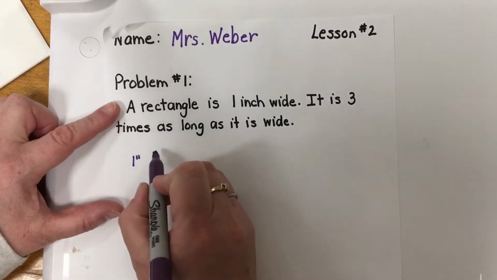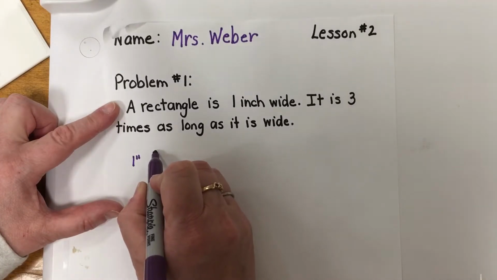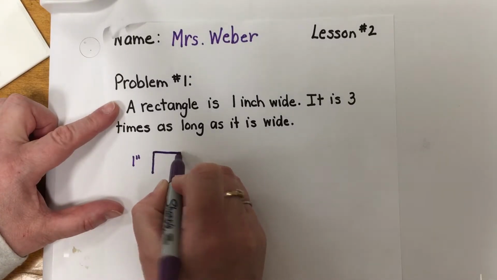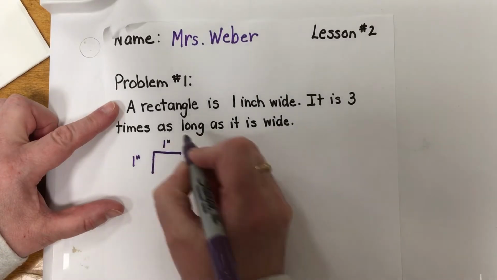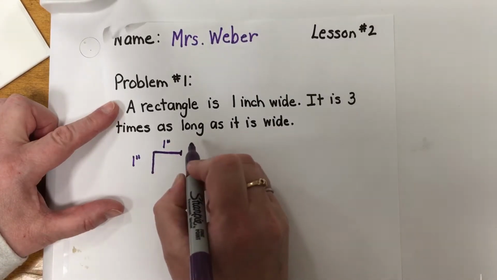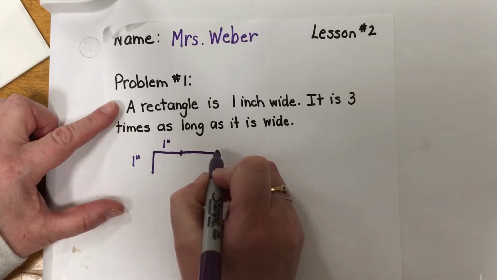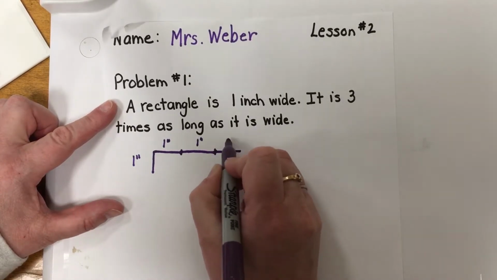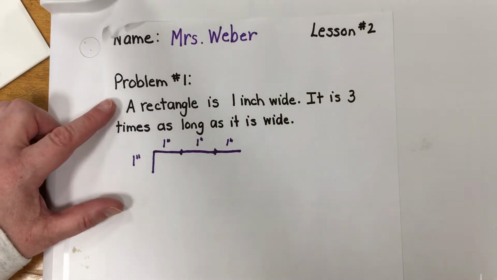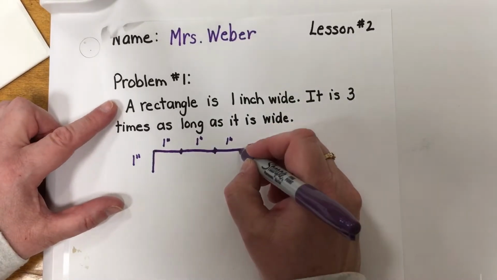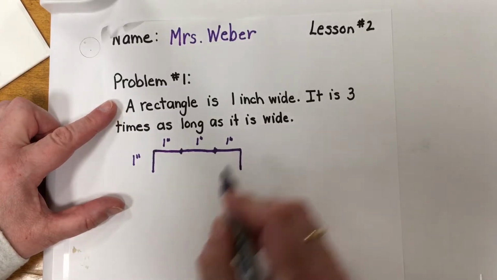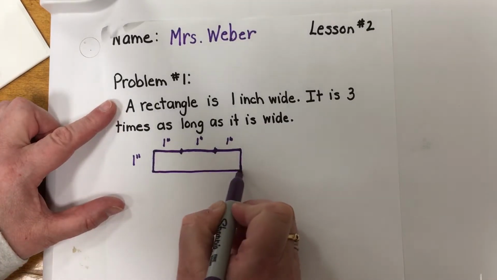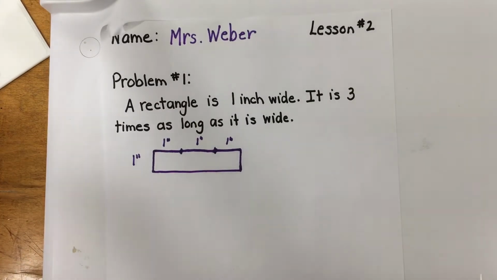So, we've got to do 1 inch, then another inch, that's 2 times as wide, and then one more, that's 3 inches wide. Then what we can do is draw the other sides, because remember, when we're working with a rectangle, opposite sides are equal.